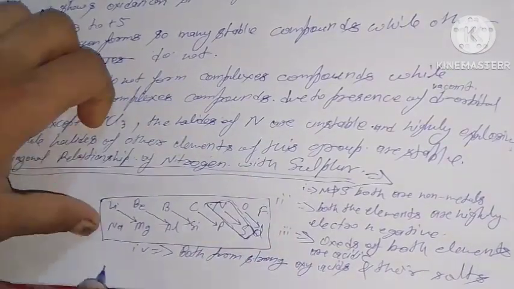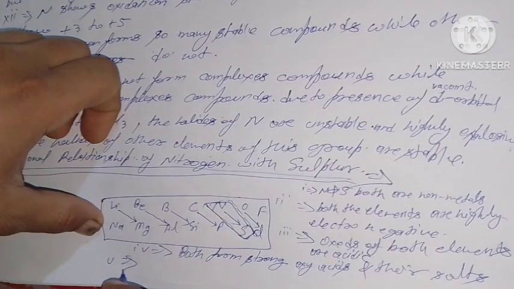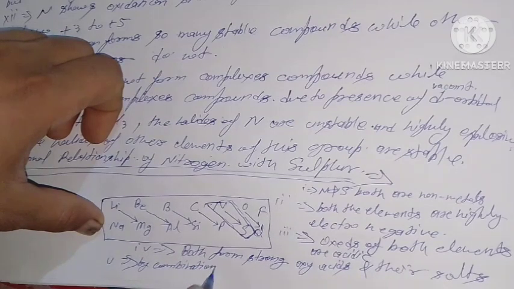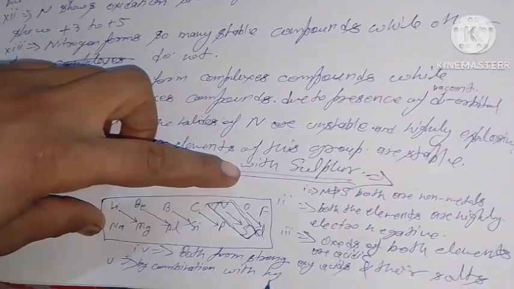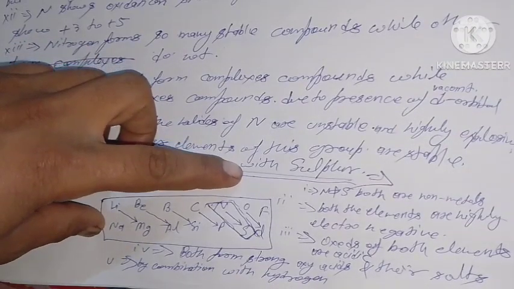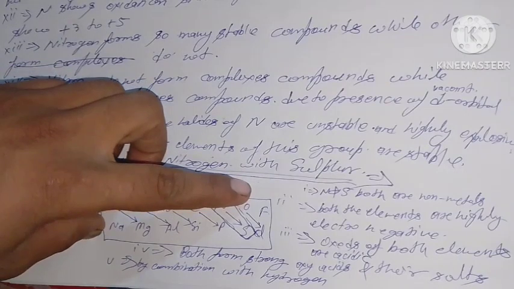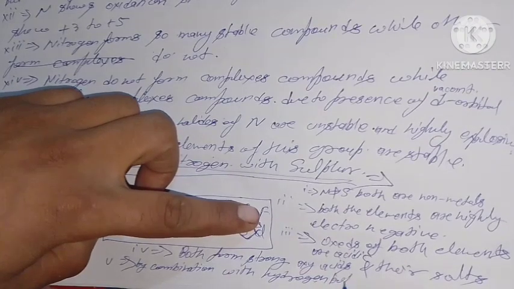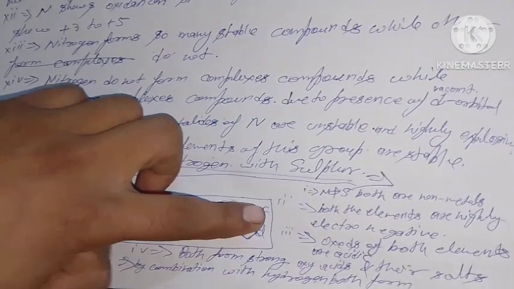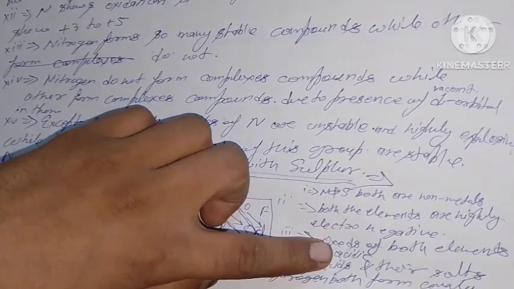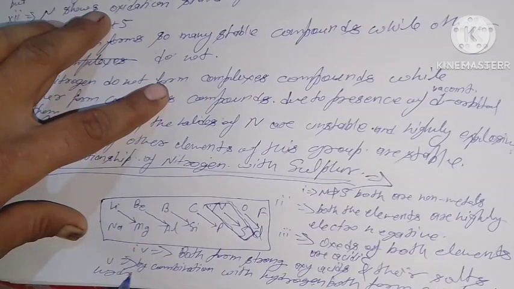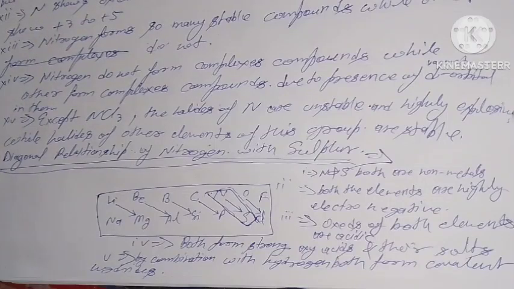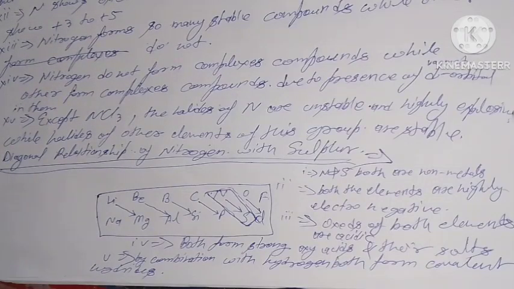Fifth, by combination with hydrogen, both form covalent hydrides. Next, elements of group 16, the oxygen family.